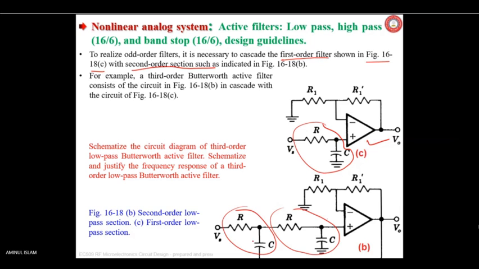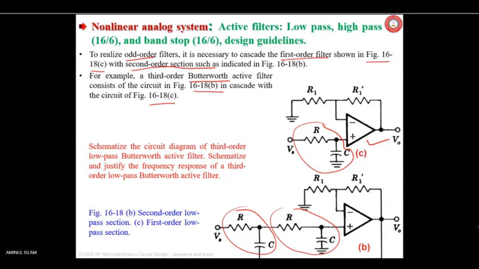So if you want a third order, an odd order filter, you cascade these two. For example, the third order Butterworth active filter consists of the circuit in figure B in cascade with C. Are you getting it? Aman? Yes, sir. So first order plus second order gives you third order.